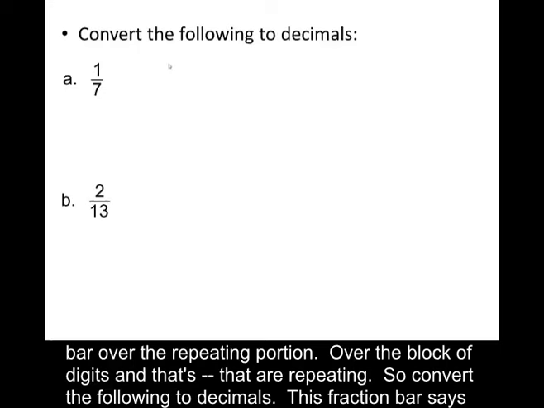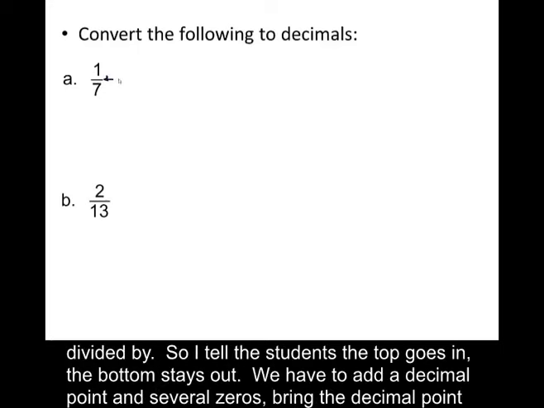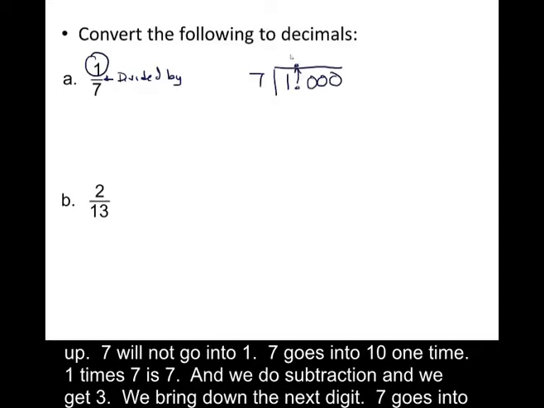So convert the following to decimals. This fraction bar says divided by, so I tell the students the top goes in, the bottom stays out. We have to add a decimal point and several zeros, bring the decimal point up. 7 will not go into 1. 7 goes into 10 one time. 1 times 7 is 7, and we do the subtraction and we get 3.